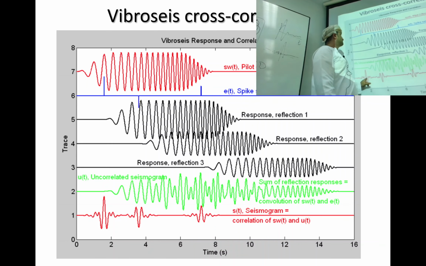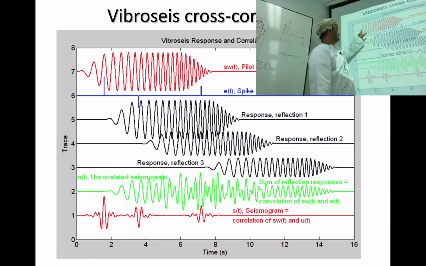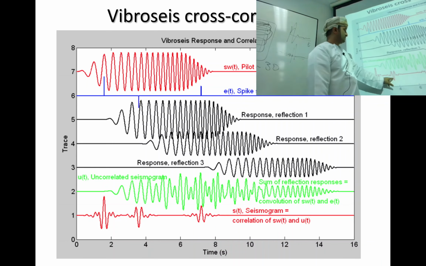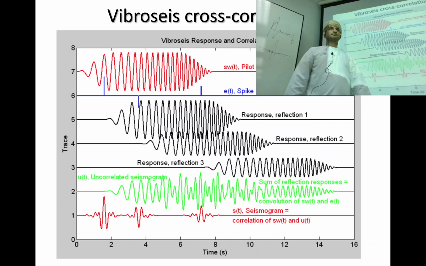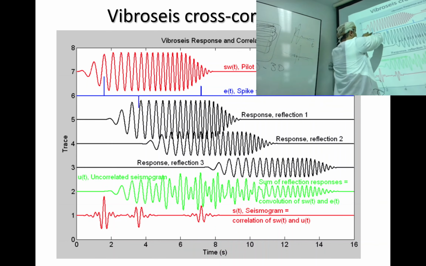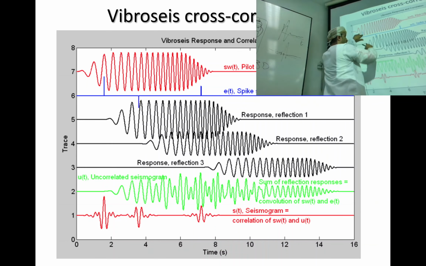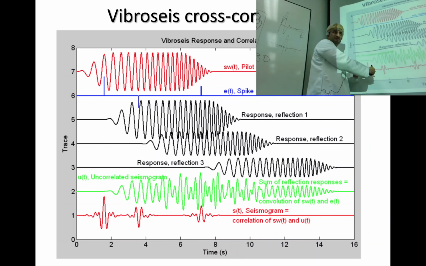It's nice. You see, this is here. This is here. That's here. So my question: if there were 2 layers adjacent to each other, would I be able to distinguish them differently? No.